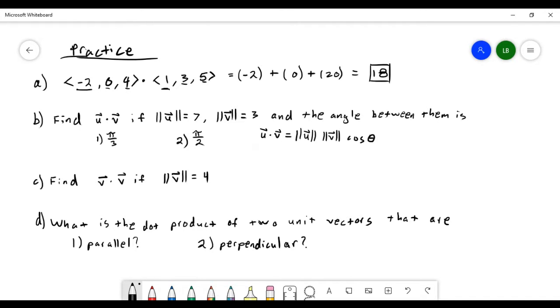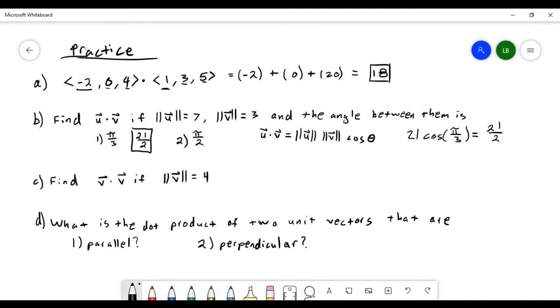So the magnitude of u times the magnitude of v is 21. So the cosine of pi over 3 is equal to, yes, that would be 1/2. So then we would have 21 over 2 for part 1.